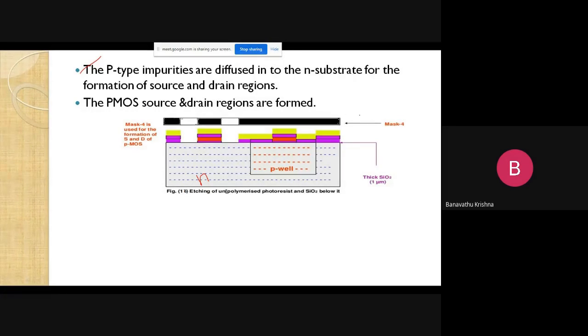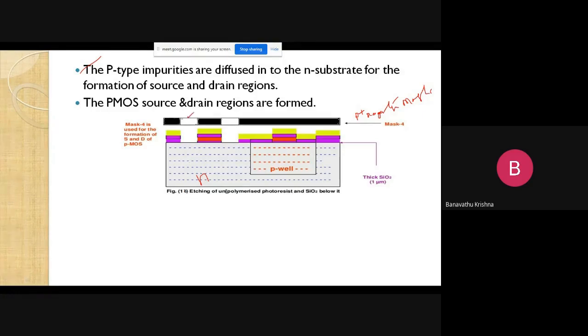But basically in some cases it is indicated as a P plus negative mask. In some cases there is an indication that the mask is a P plus negative mask, instead of just a mask. So we need to diffuse or implant the p-type impurities into this substrate.